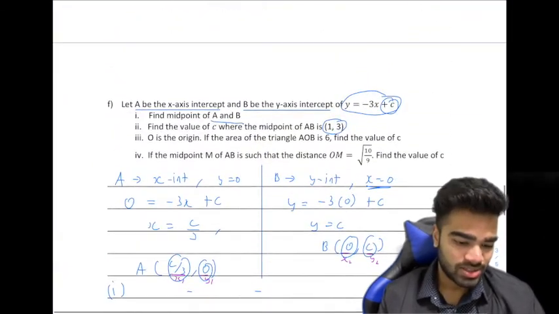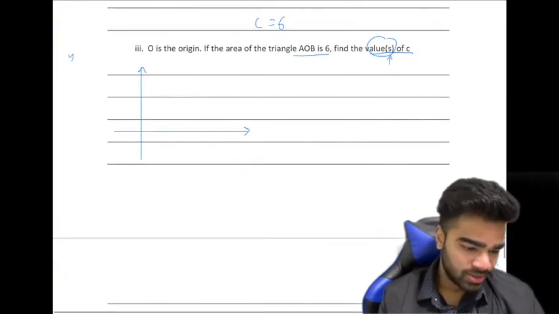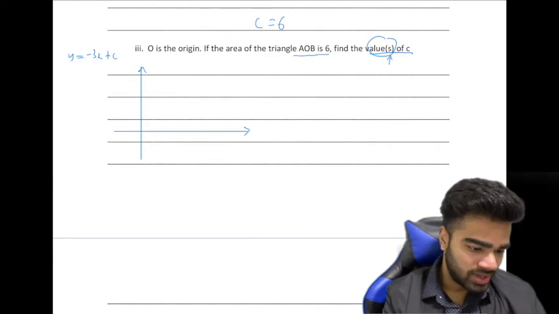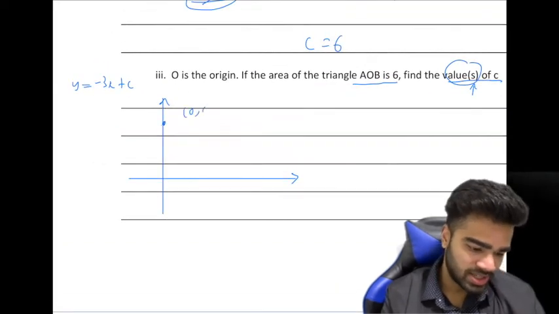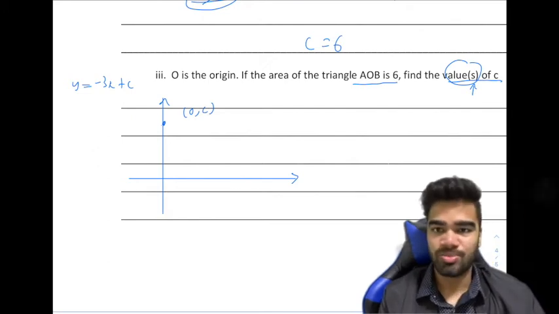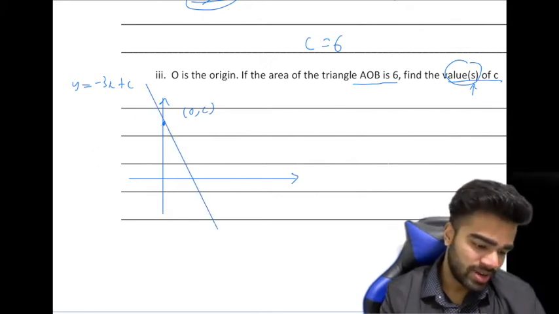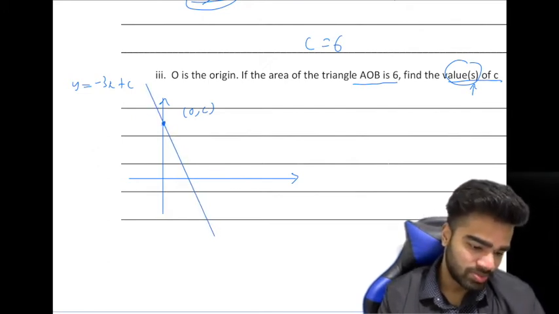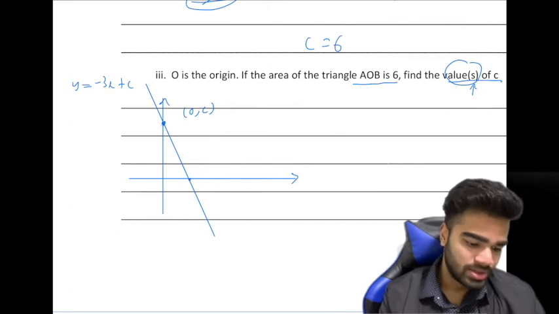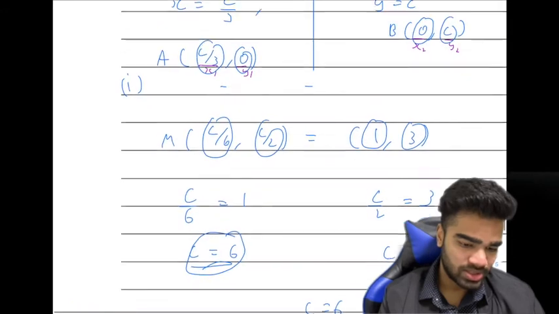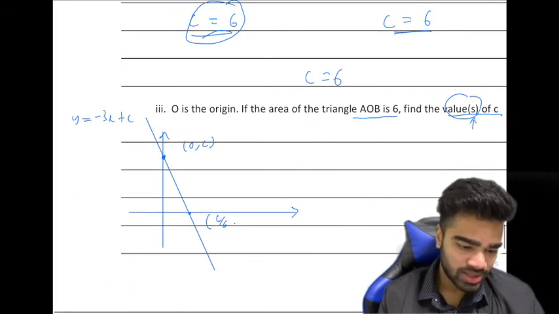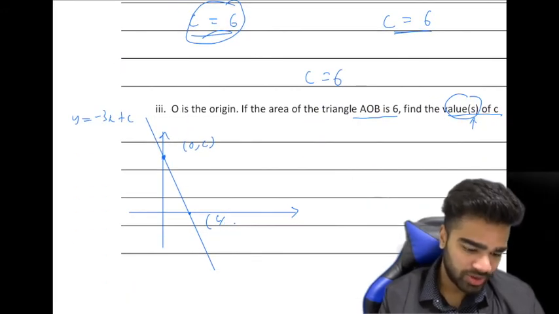Let's sketch out a graph. It's y is equal to negative 3x plus c. Let's just pretend c is here, because we don't know the value of c, but I'm going to pretend it's there. It has the gradient of negative 3, which is easy to draw. It's going to look something like this. So what's the x-intercept? The x-intercept, I'm sorry, was c on 3.